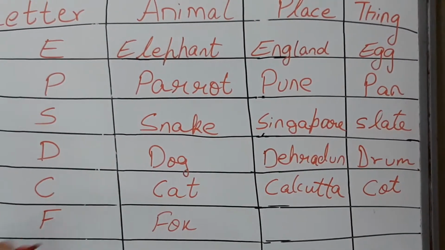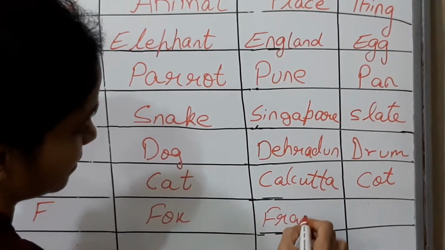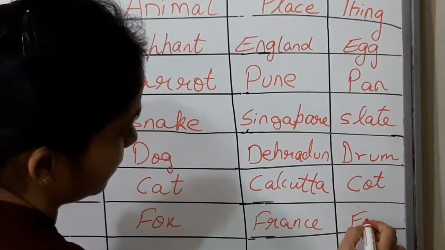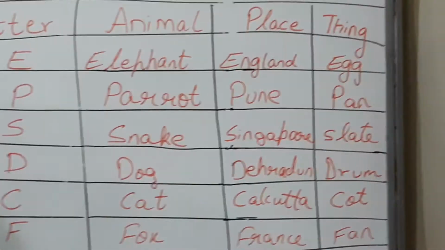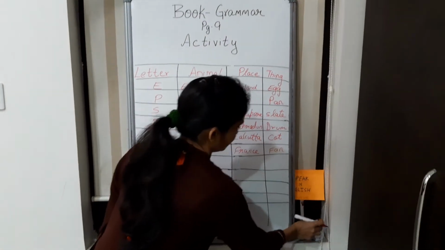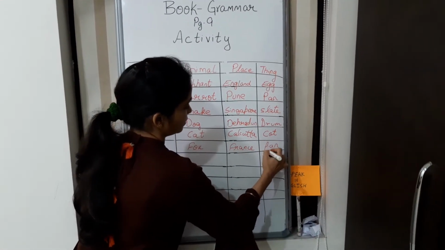From F, place, France. From F, thing, it can be fan. It will not be capital, it will be small, fan.